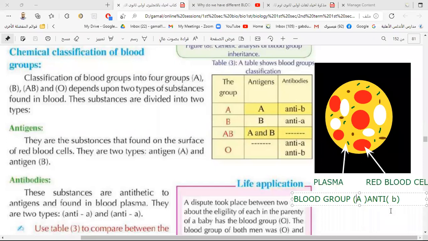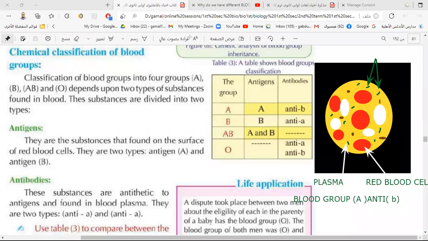A. Very good. If the person has blood group B, the antibodies will be anti-A. But if he has blood group A, he has antibodies anti-B. So the different group, you have antibodies in your blood against the different group.